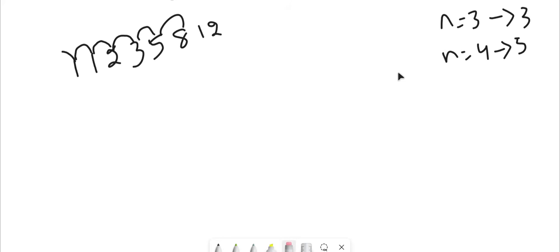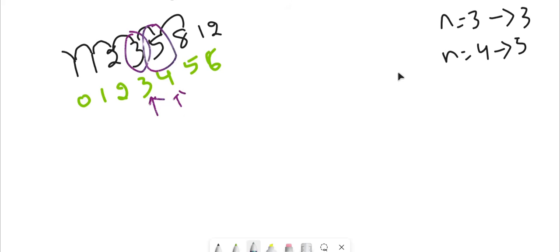Now this is the Fibonacci series. Let's have an indexing for these numbers: 0, 1, 2, 3, 4, 5, 6. So for the input n is 3, the third index, we are getting 3 as an output. For input n is 4, we are getting 5 as an output.